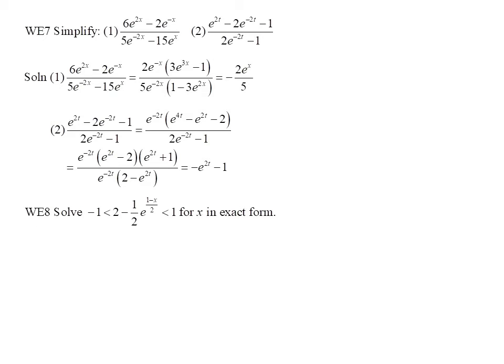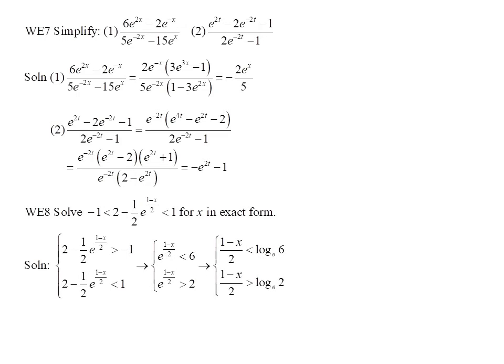Example 8 presents an exponential inequality, -1 less than 2 minus half times e to the 1 minus x over 2, which is less than 1. Here we separate the two inequalities and solve them separately.